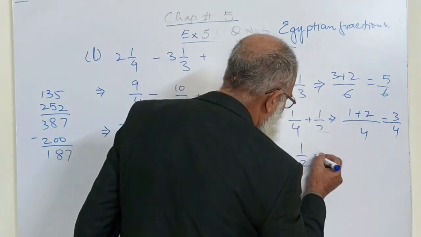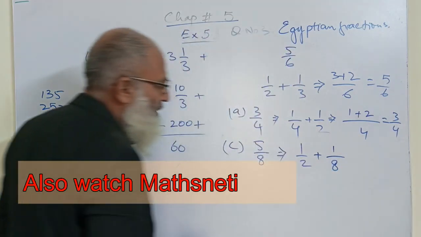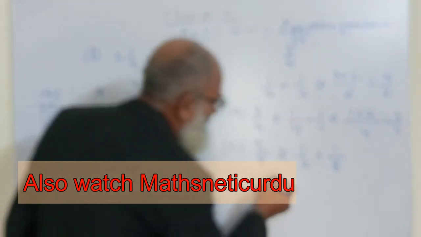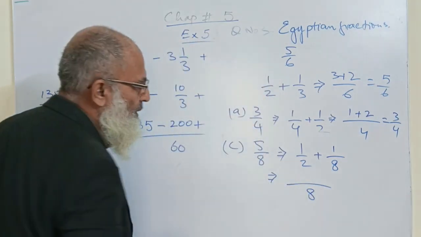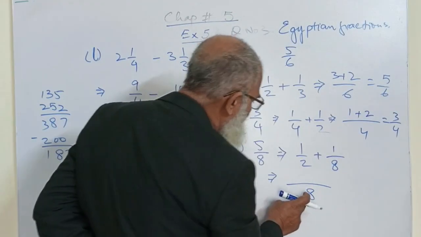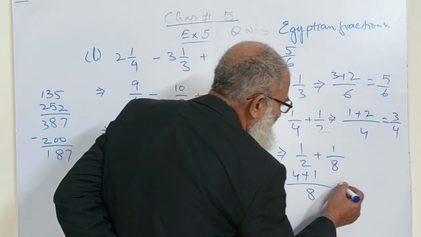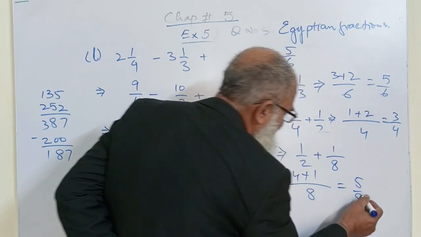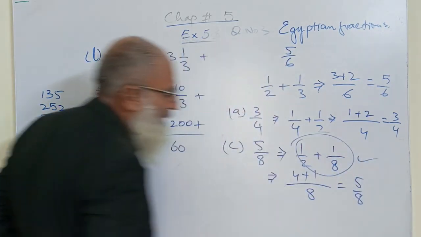So 1 upon 2 plus 1 upon 8. See what happens over here. 8 is the denominator, 2 goes 4 times, and plus 1, it will become 5 upon 8. So this Egyptian fraction is correct.